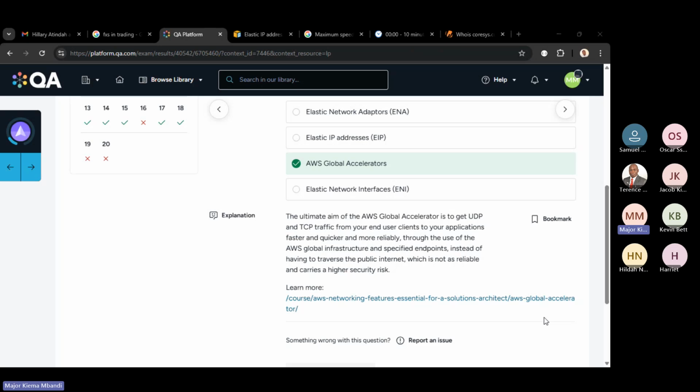So if I may ask now, this second exam was about Route 53, CloudFront, and AWS Global Accelerator. What's the difference between AWS CloudFront and Global Accelerator?